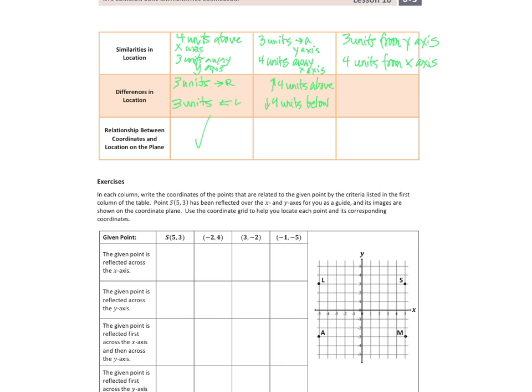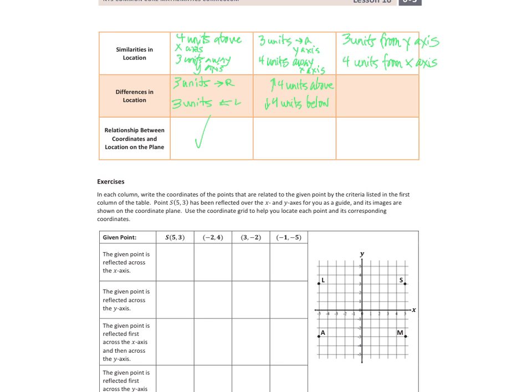One point is 3 units to the right of the y-axis, the other is 3 units to the left. One point is 4 units above the x-axis, and the other is 4 units below, which means that if you've got the absolute value of those opposites, they end up being equidistant from the axis. And there's also reflection across the other axis.